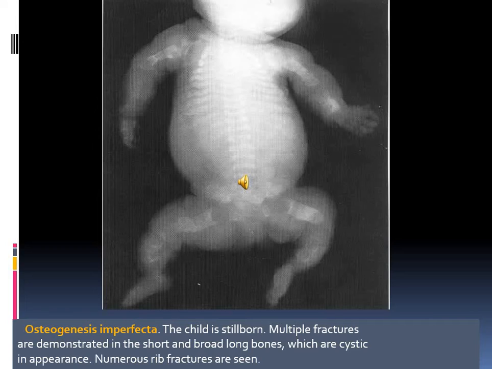This is an important congenital abnormality called osteogenesis imperfecta, which is a genetic abnormality that results in abnormal formation of the skeleton.